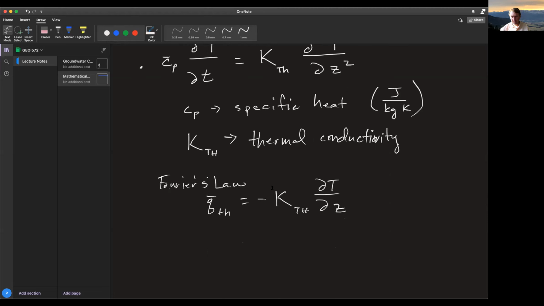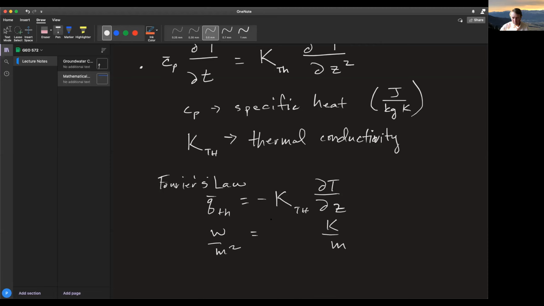K relates the temperature gradient to the heat flow. Heat flow or heat flux here is in watts per meter squared. This is Kelvin per meter.